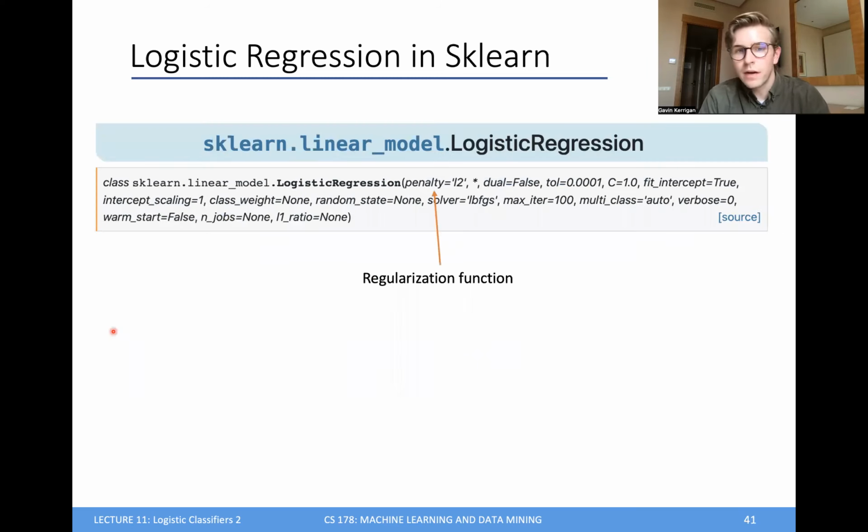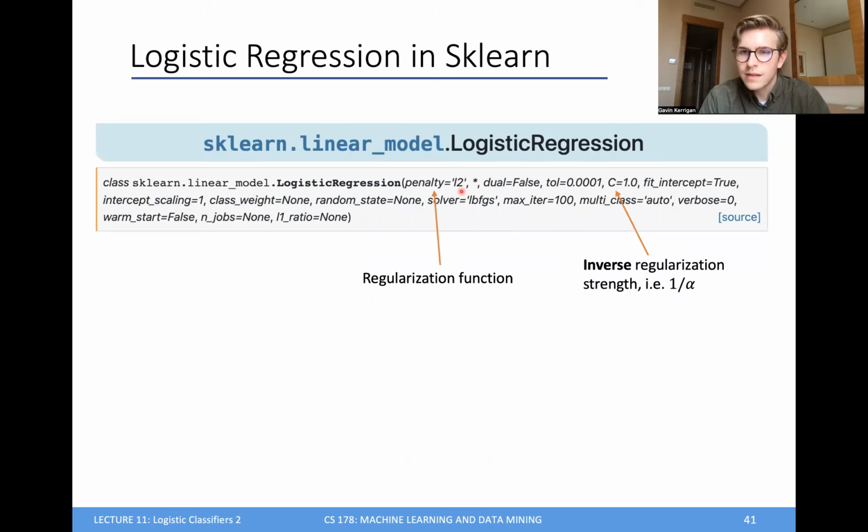One thing I'd like to point out here is that the way scikit-learn does regularization is a little bit strange in my opinion. I'm not sure why they did it this way, but this penalty argument in the logistic regression class lets you specify the regularization function. By default, it's using L2 regularization. It's the square of the weights essentially, but you could also use something like an L1 penalty if you'd like to play around with that.